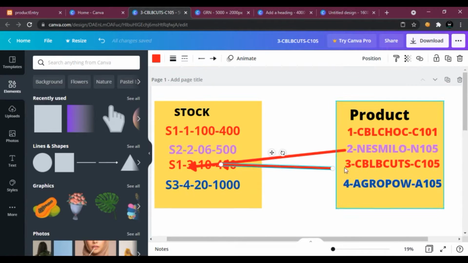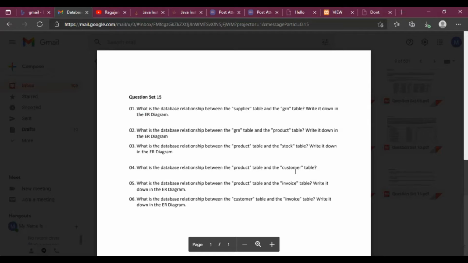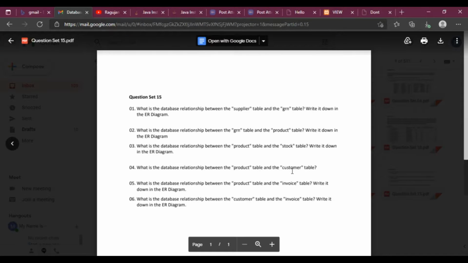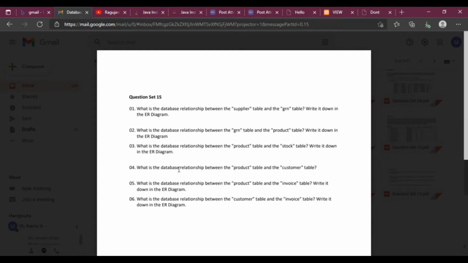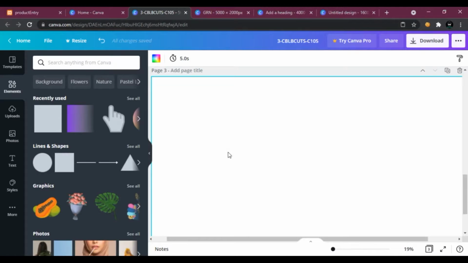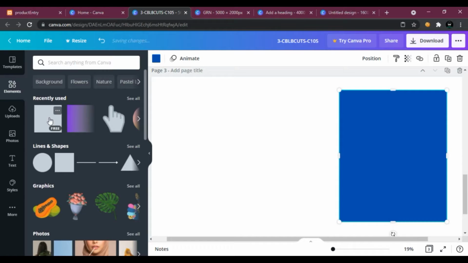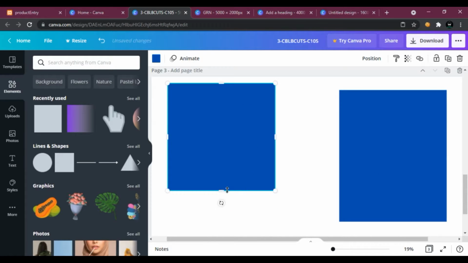So yeah, now let's move on to the fourth question. What is the database relationship between the product table and the customer table? So what is the relationship? Let me create those tables basically.